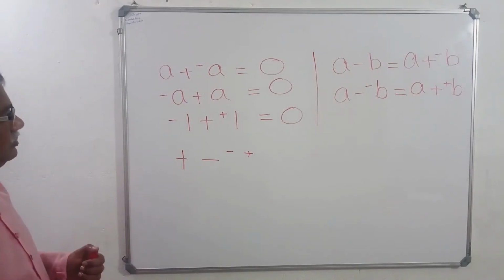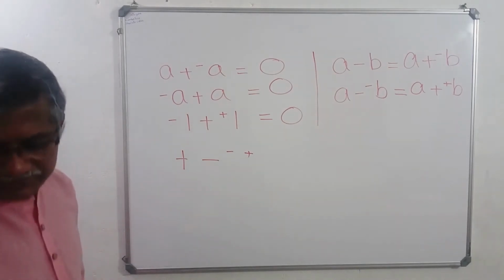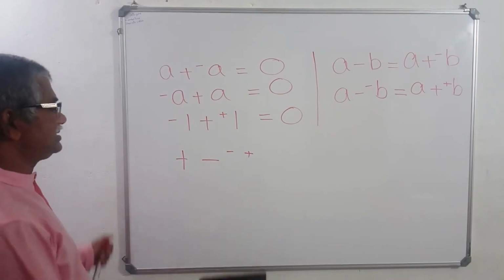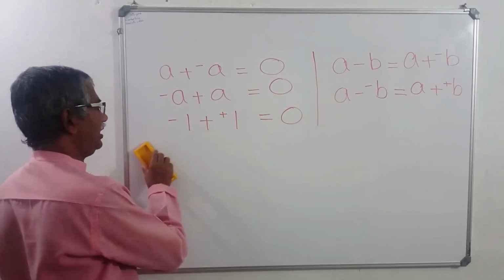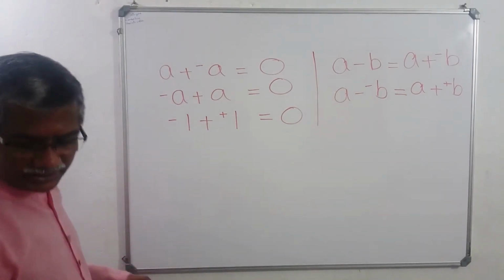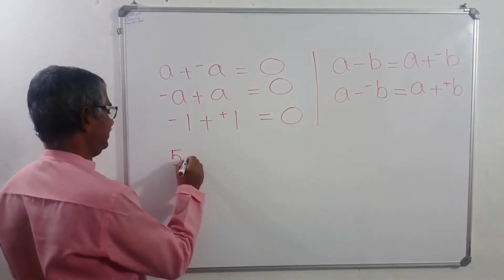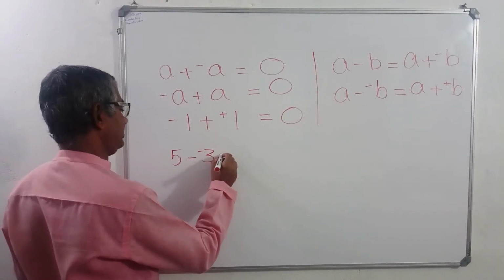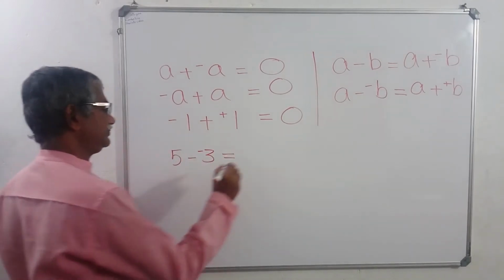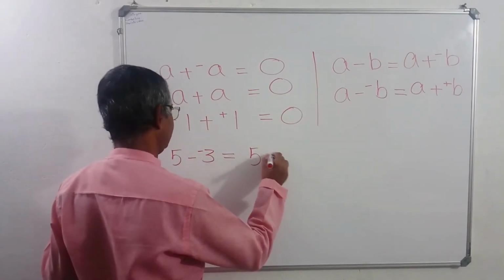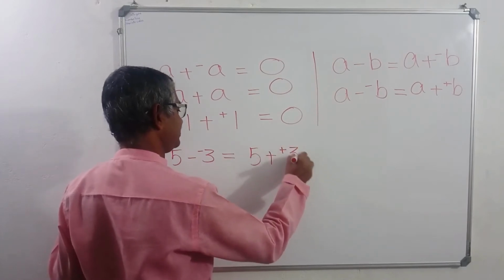So what can we do? For subtraction, we can just change it into addition. Example, 5 minus negative 3, which is equal to 5 plus positive 3.